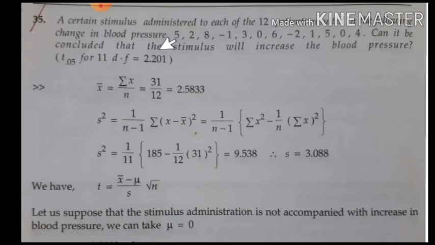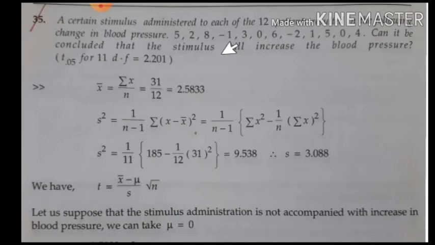So here if I take a hypothesis, what they asked is, can it be concluded that stimulus will increase the blood pressure? If I take the hypothesis that stimulus will increase the blood pressure, I should know the mean of the population. But here data is not given. So in that case, we will not take the hypothesis in the given form.